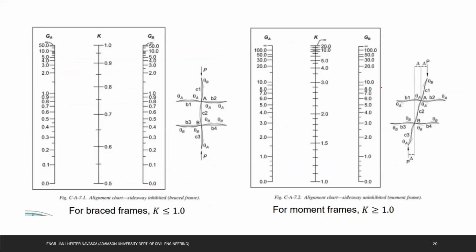After solving for GA and GB, or G at top and G at bottom, sometimes they use the notation psi A and psi B. Sometimes they use this notation.